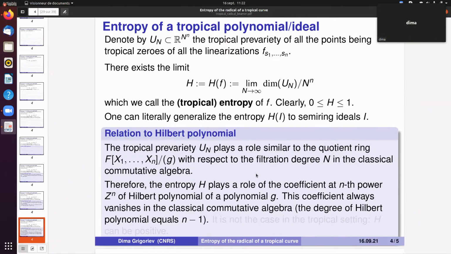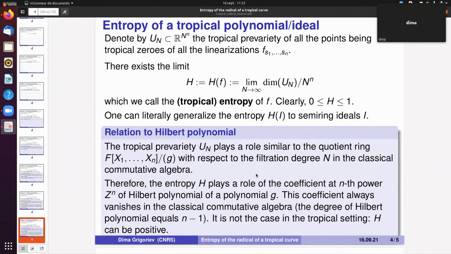It can be positive, and we'll see an example of that. But still, as we don't know much about an analogy of Hilbert polynomial in a tropical setting, we would like to understand at least when entropy vanishes, because vanishing of the entropy always happens in the classical setting.